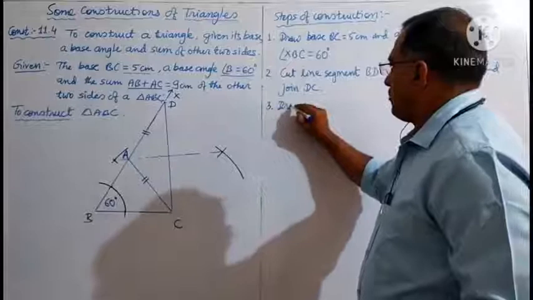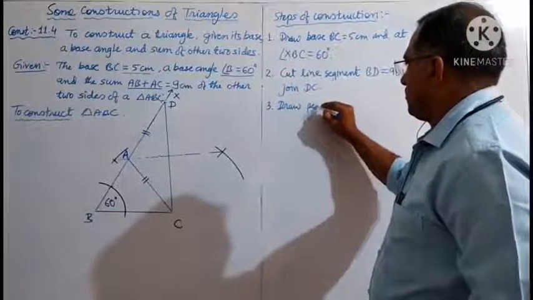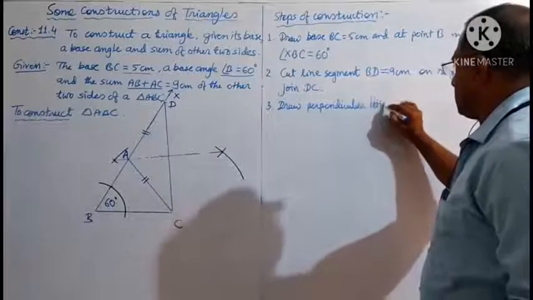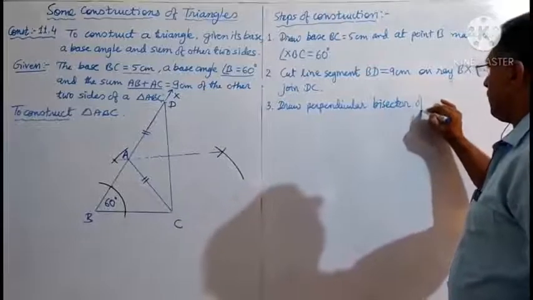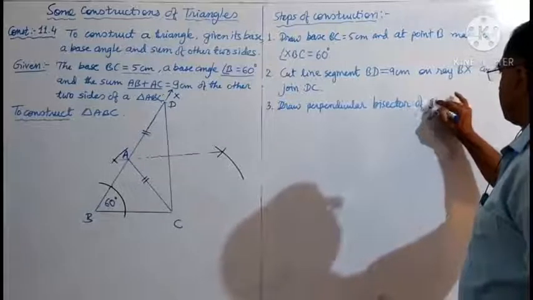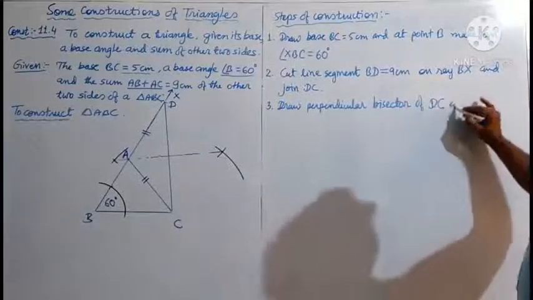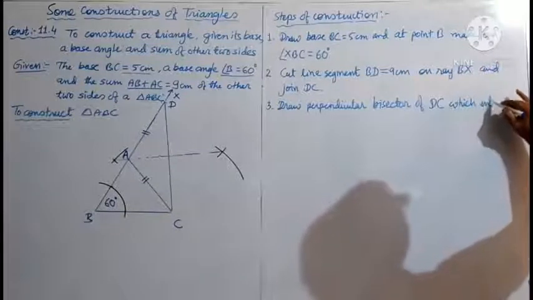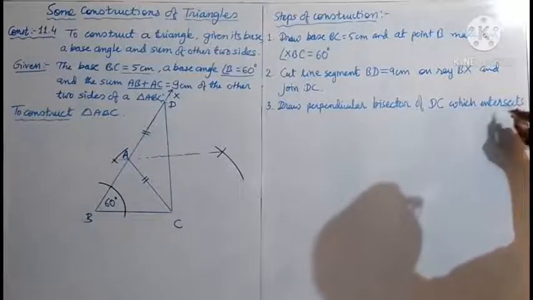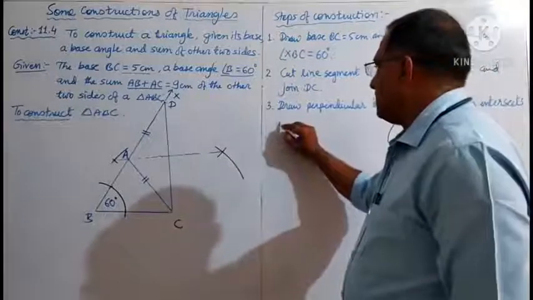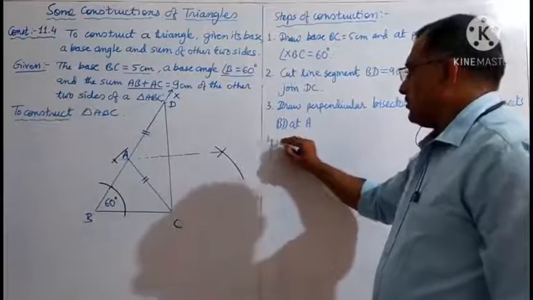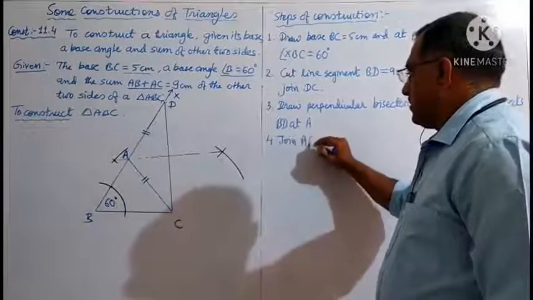Now draw the perpendicular bisector of line segment DC, which intersects BD at A. Join AC.